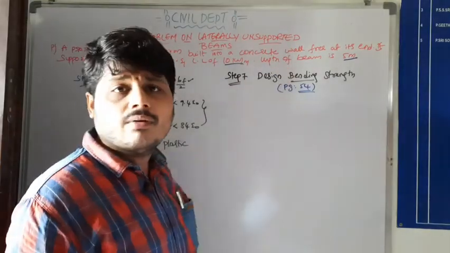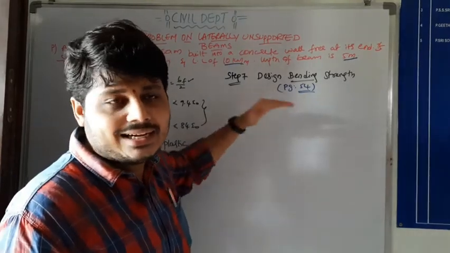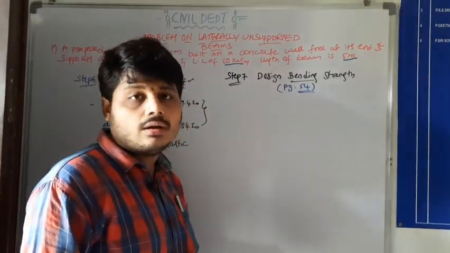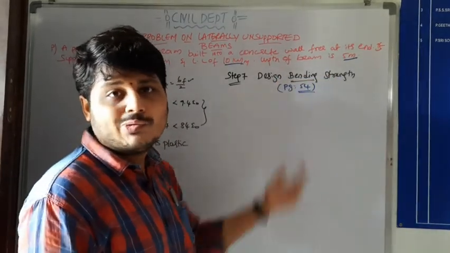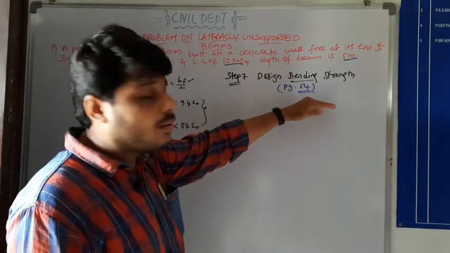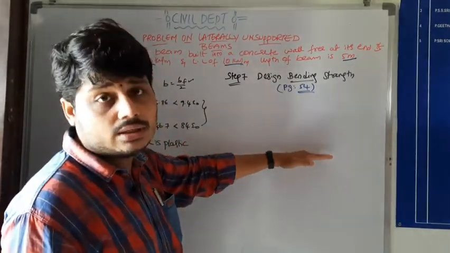As I have already told you, to calculate laterally unsupported beams, the formulas should be used from downwards to up. Why? Because the unknown parameter in the first formula will be in the second, and again from the second we have to go to the third.